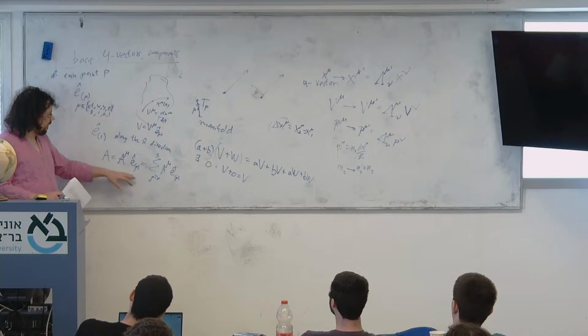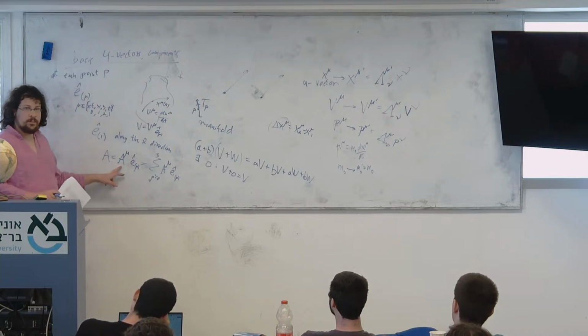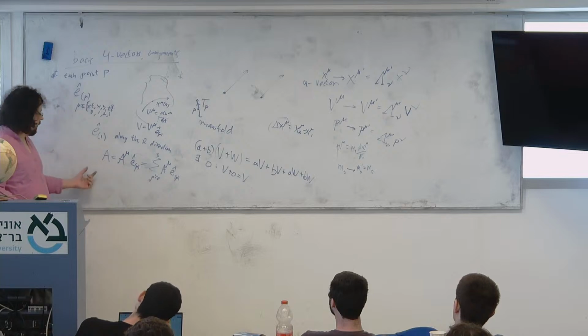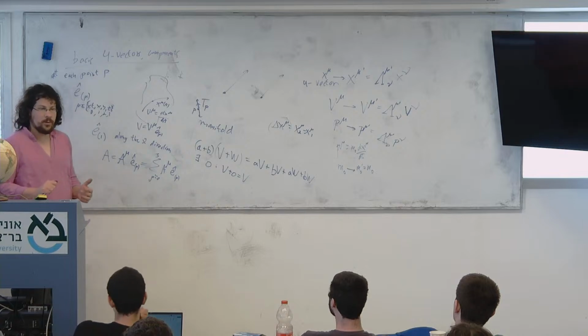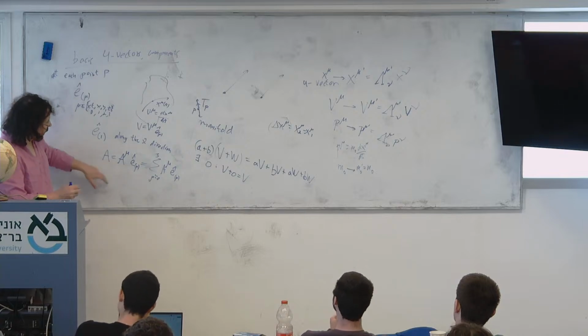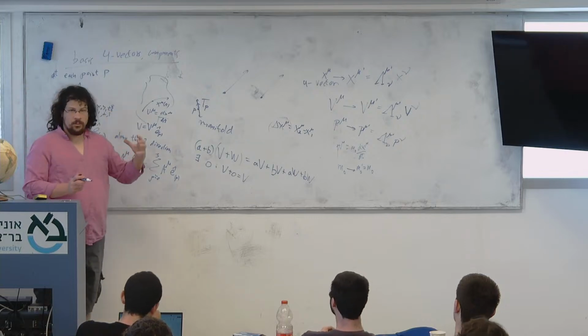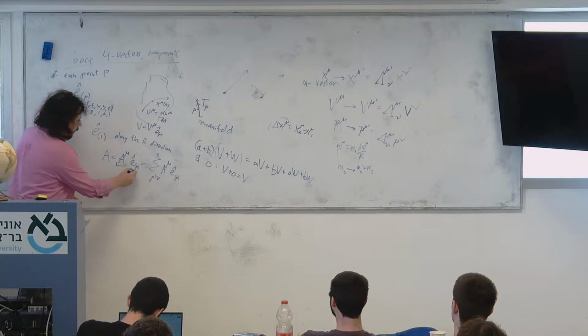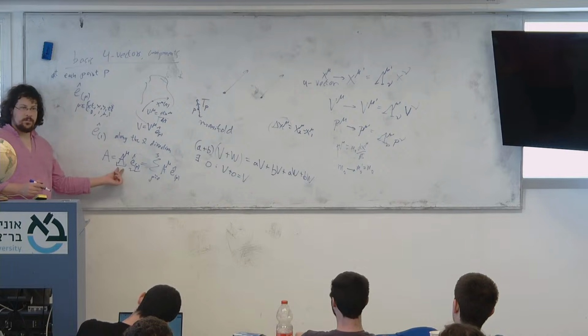In fact, these will have to transform opposite to the way these transform. Because if we want to transform this vector, have a Lorentz transformation, for example, we know how this thing transforms. The vector itself will not change. It's the same arrow. So this will have to transform opposite to the way this transforms.